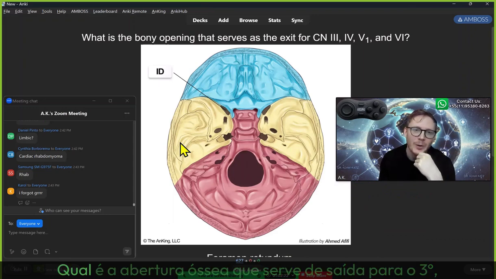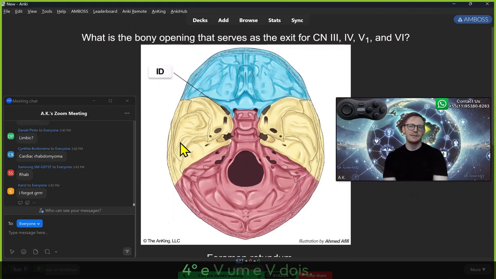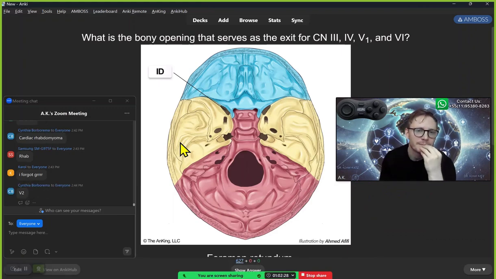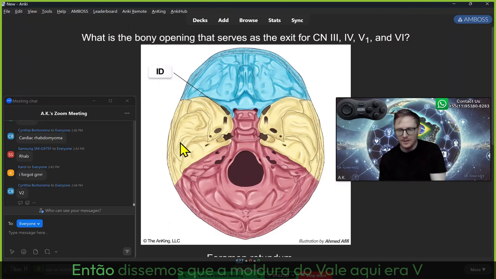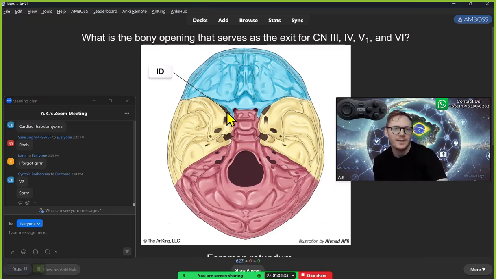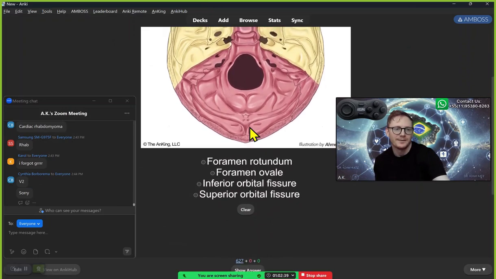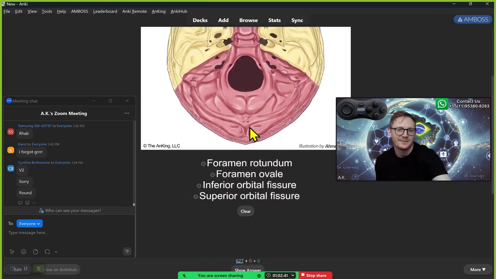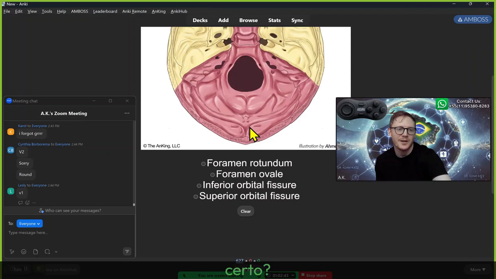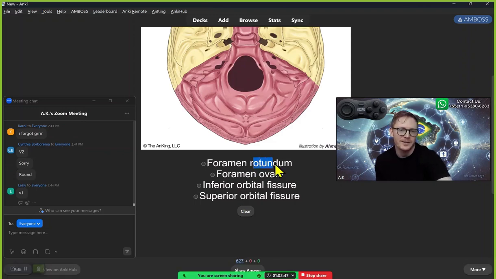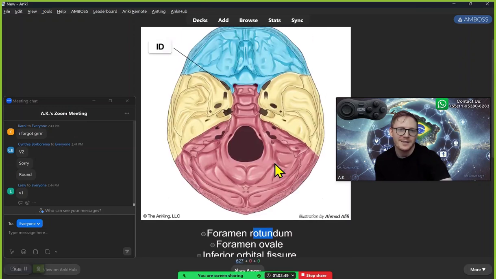What is the bony opening that serves as the exit for the third, fourth, V1 and V2? We said the foraminal valley right here was V3. Rotundum, right? This is the biggest one.